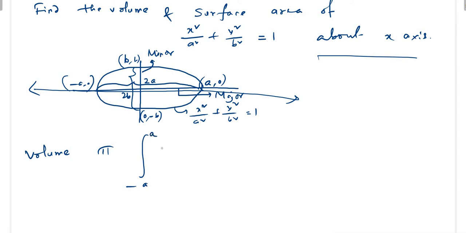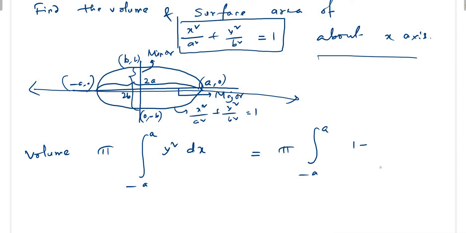Taking y square from this equation, y square is 1 minus x square by a square into b square, dx. So you can easily find the answer in terms of a and b.